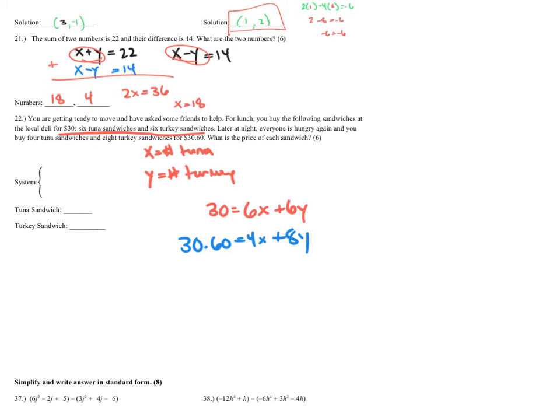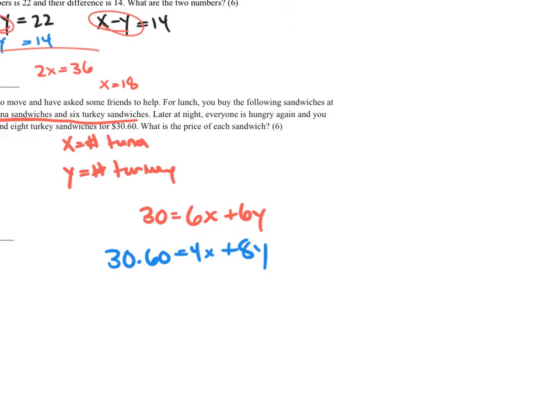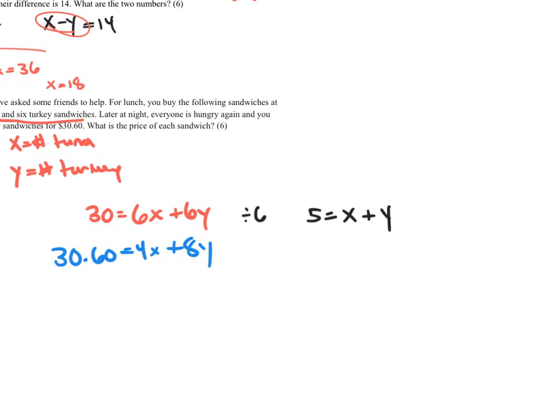Now, we could use elimination, but this one would be a little more difficult to do that. So what I'm going to do is go to this top equation, and I'm going to divide everybody by 6. And what that's going to allow me to do is get this equation, that 5 is equal to x plus y. Then I'm going to go ahead and subtract a y from each side, or an x, either one.